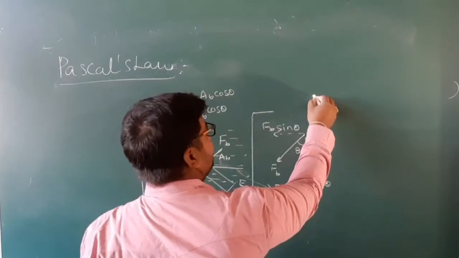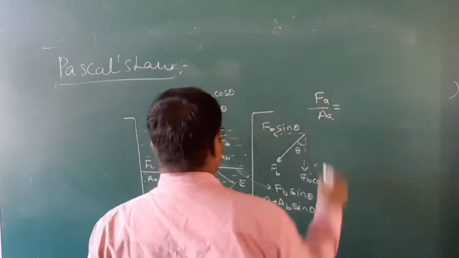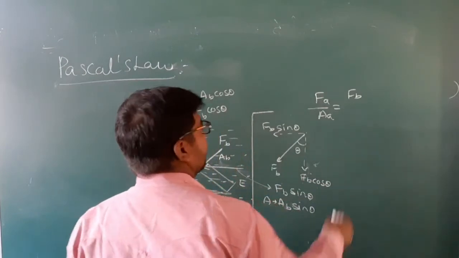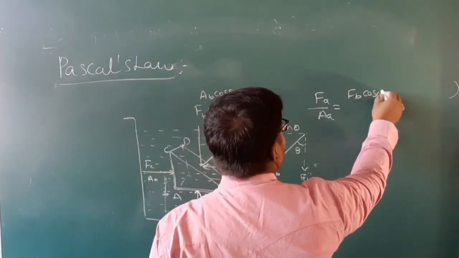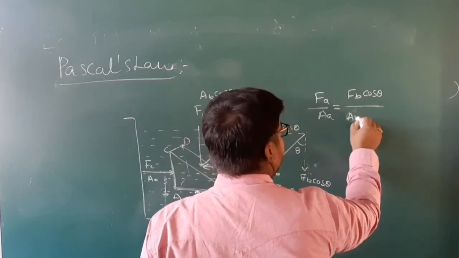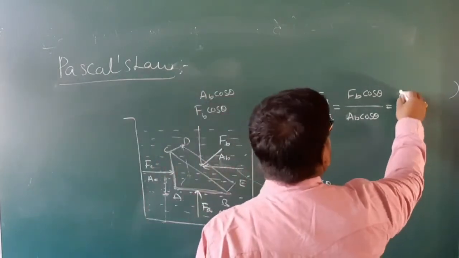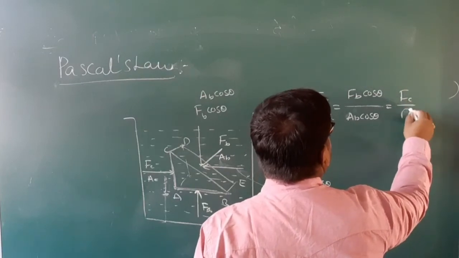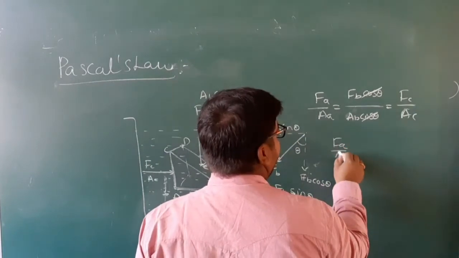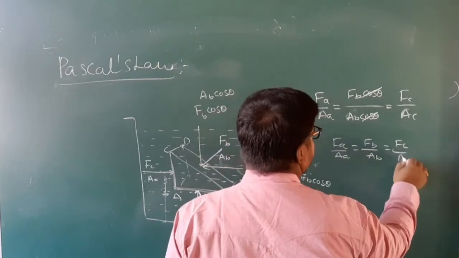FA by AA is equal to FB cos theta divided by AB cos theta, which is equal to what, my children? FC by AC. Then FA by AA is equal to FB by AB is equal to FC by AC.